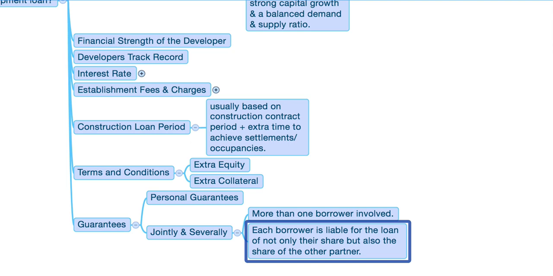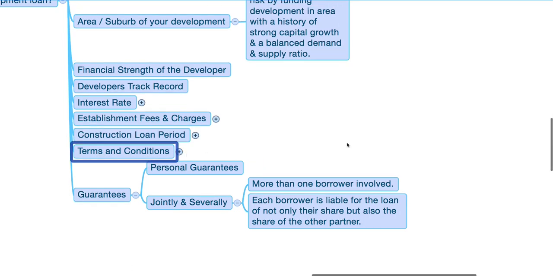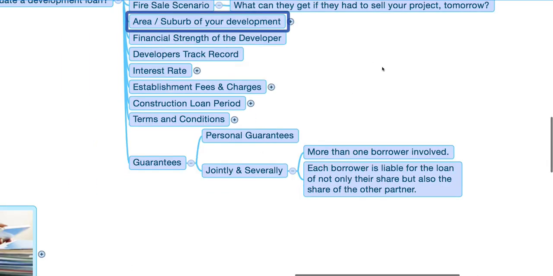So if something goes wrong, the bank wouldn't care less about what shareholding you've got in the project. They would go after you to recover their loans.